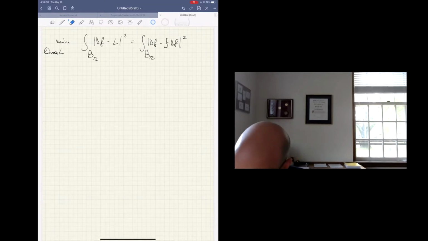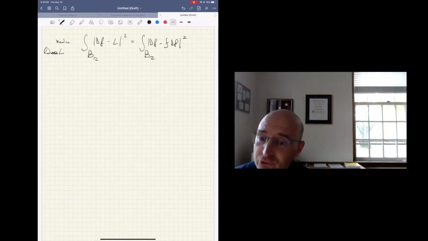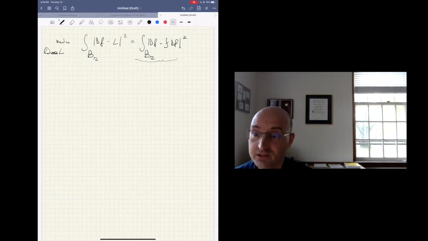Okay, and what is very nice about this is that f is not exactly harmonic, but if you were harmonic, this quantity over here decays.